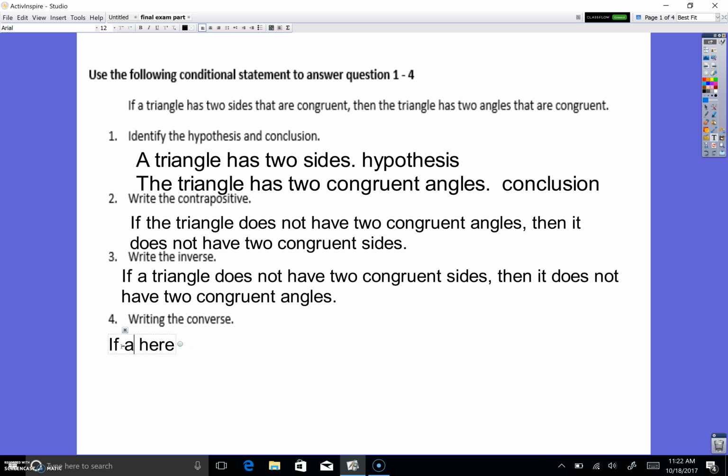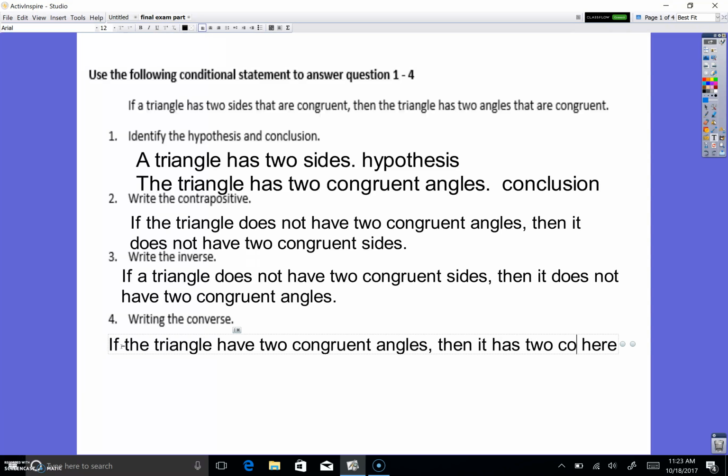If the triangle has two congruent angles, then it has two congruent sides. Okay.